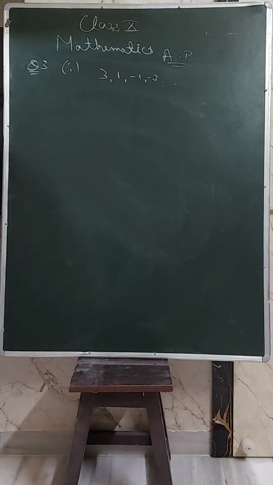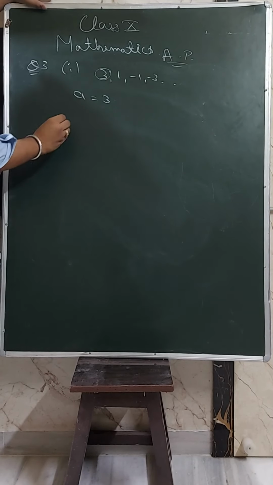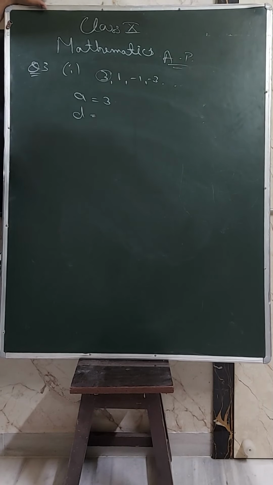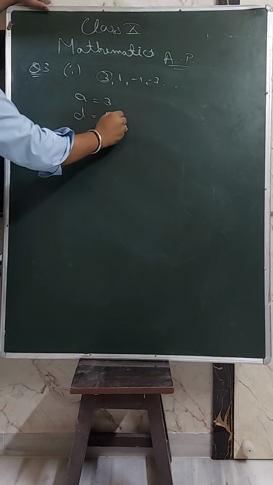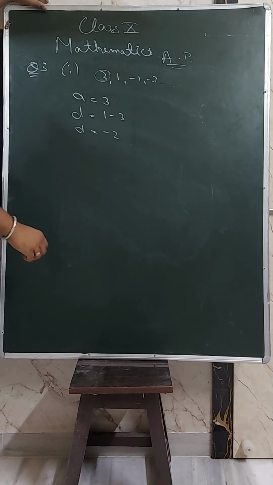Now write the first term. What is the first term here? Now write the common difference. How can we find the common difference? Second term minus first term always. So I can write 1 minus 3. So the common difference is -2.